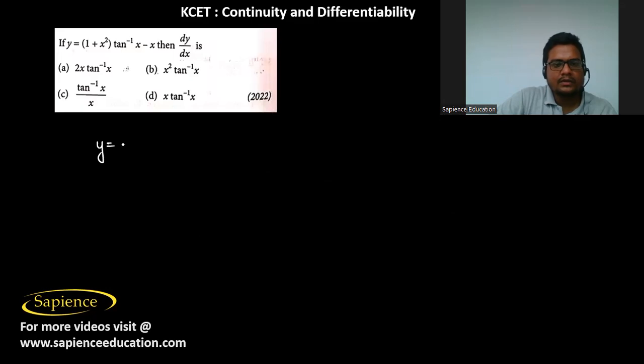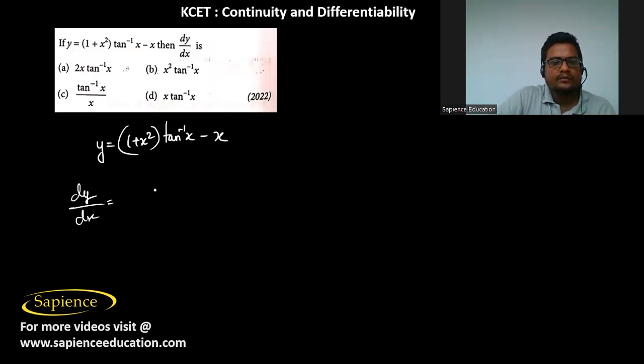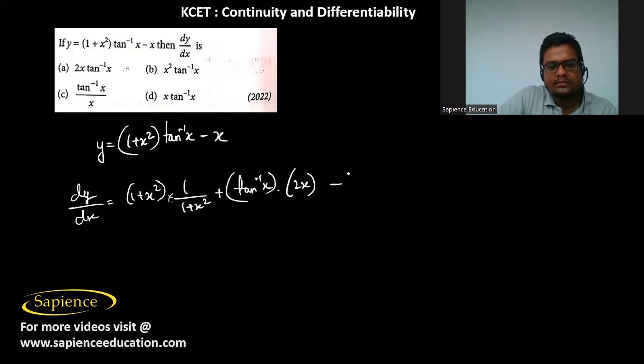So if y equals 1 plus x square into tan inverse x minus x, then dy by dx is how much? So dy by dx will be equal to 1 minus x square, 1 plus x square into d by dx of tan inverse x, that is 1 by 1 plus x square, then plus tan inverse x into 2x minus 1.